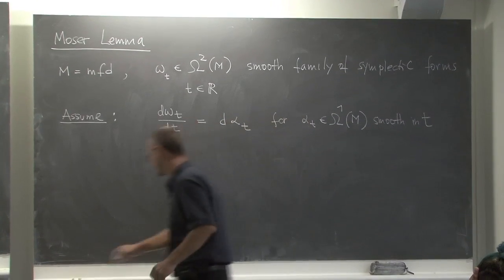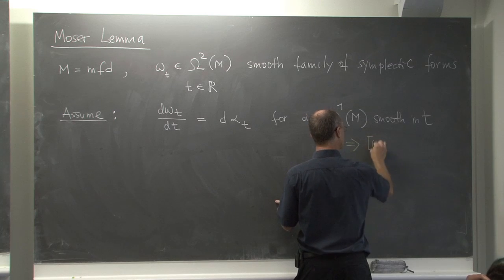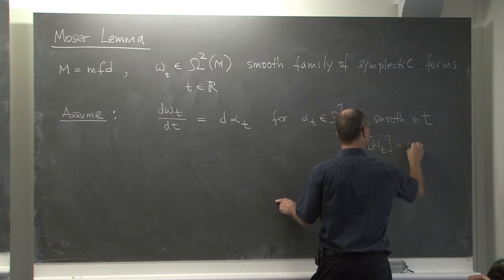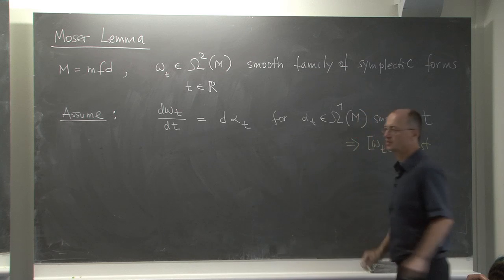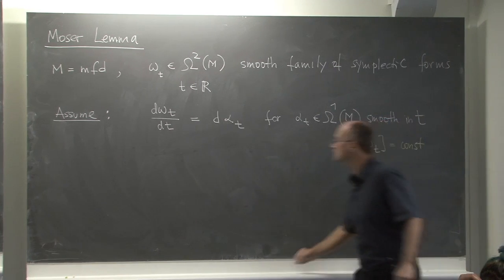Of course, this assumption implies that the cohomology class of omega t is constant. It is independent of t.